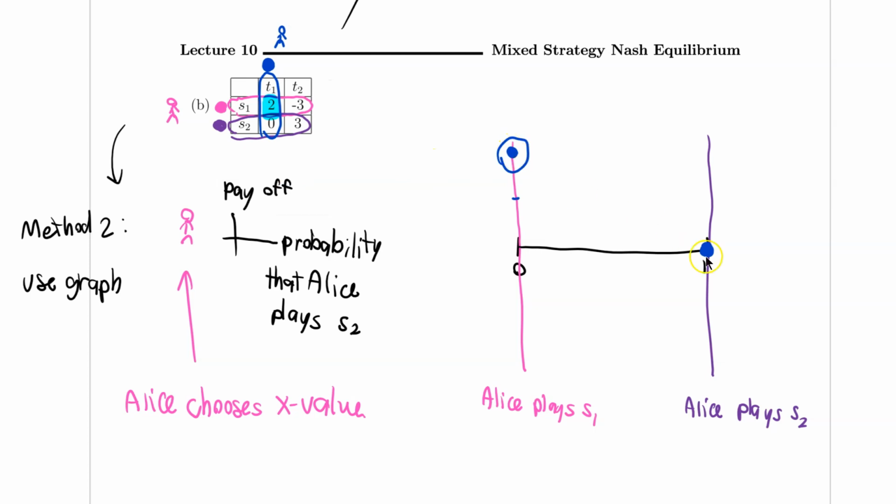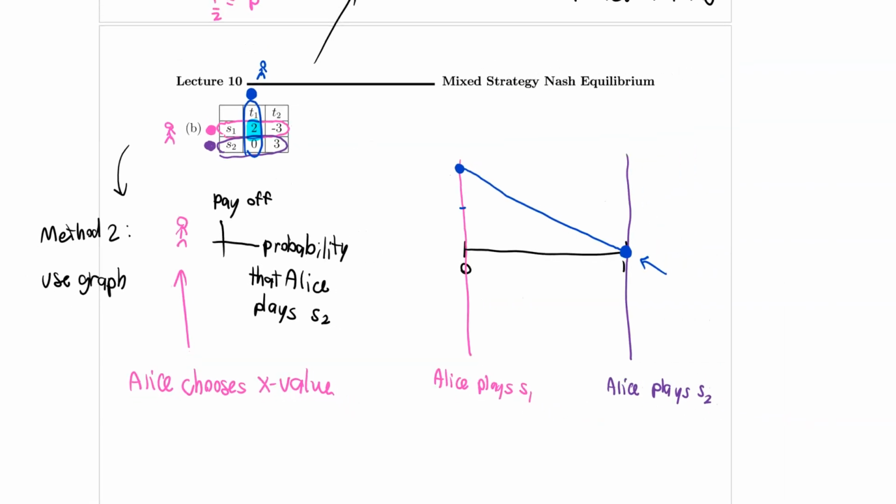Again, the y value is the payoff. Now, I can draw a line that connects these 2 points. The y value is the expected value if Bob plays T1.